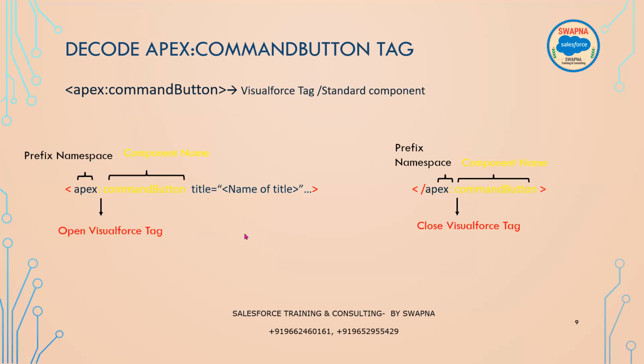Now within that we have attributes. There are different attributes out there. Here, just as an example, we have written the title. I think by now you will be aware of the decoding of any Visual Force page tag.